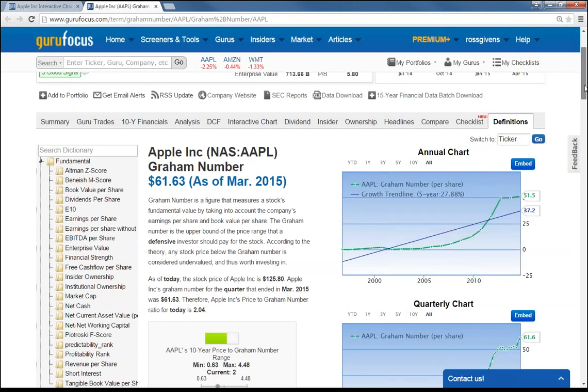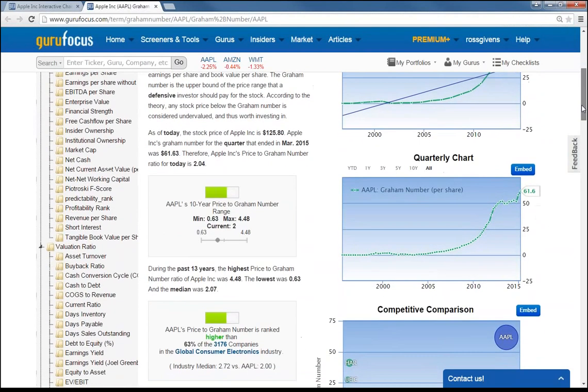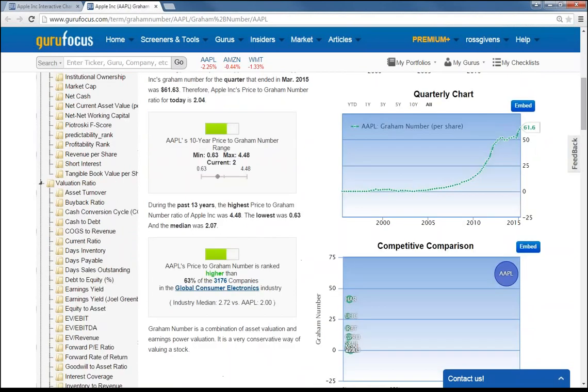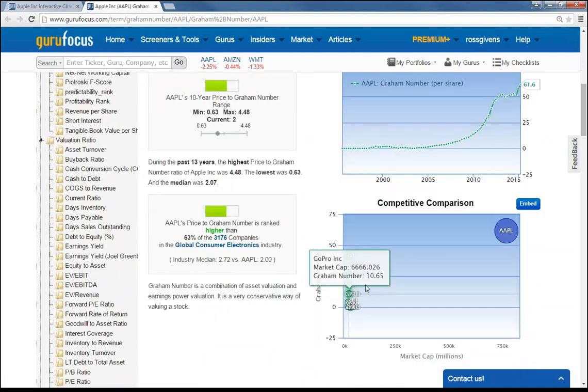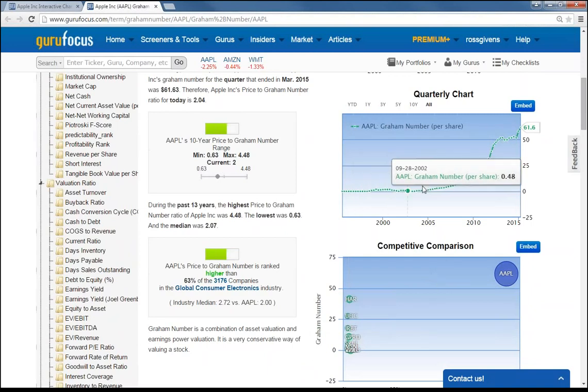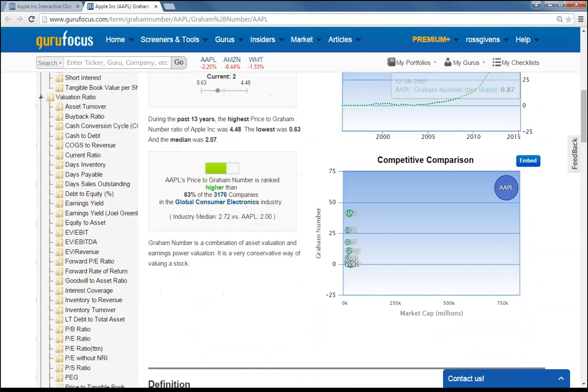And it's going to show you the 10-year price to Graham number range. It's going to show you where it is ranked in its industry of global consumer electronics. It's going to show you comparisons of its largest competitors. It's going to show you a historical chart of what this Graham number has been.